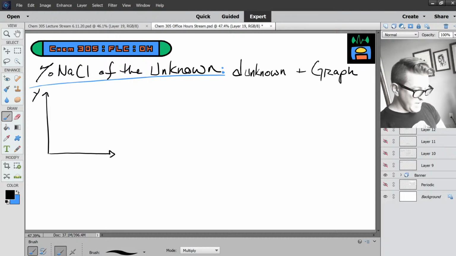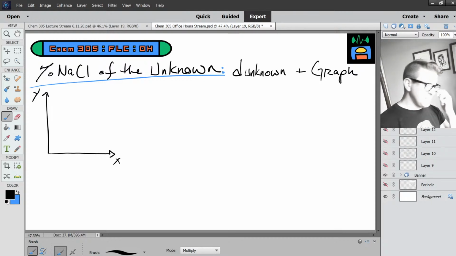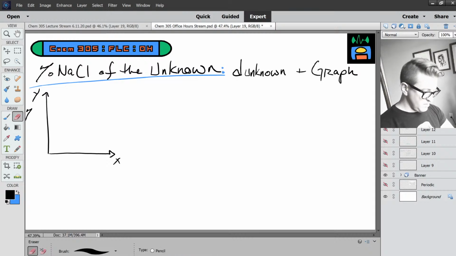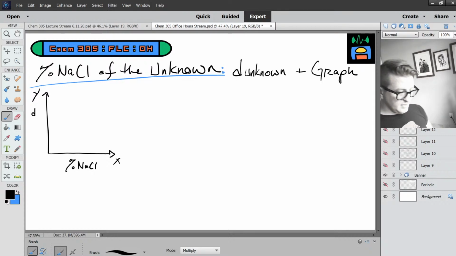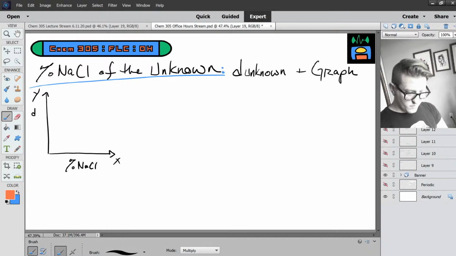All right, so we've got y, we've got x. The y, we put density, and percent sodium chloride on the x-axis, and we plot our points.